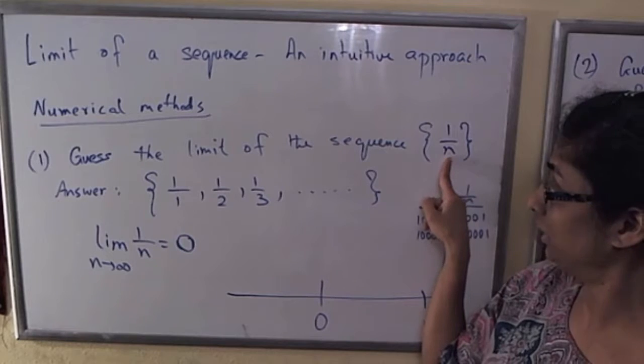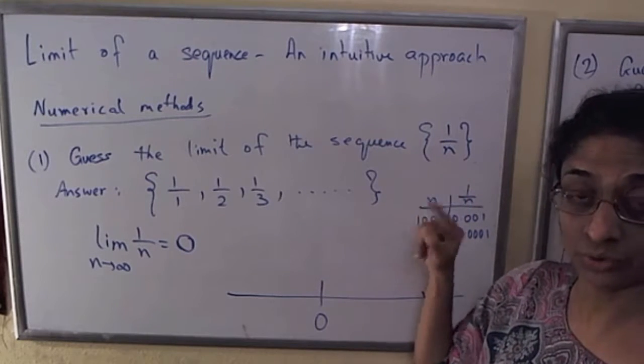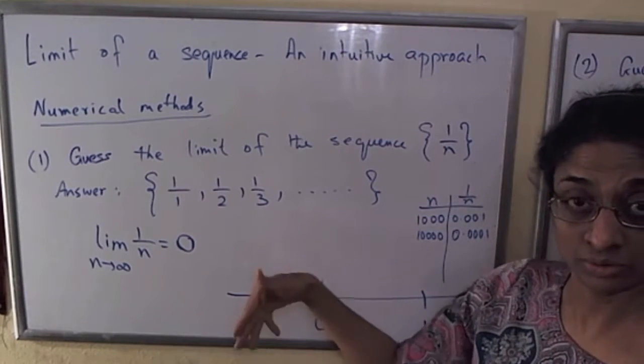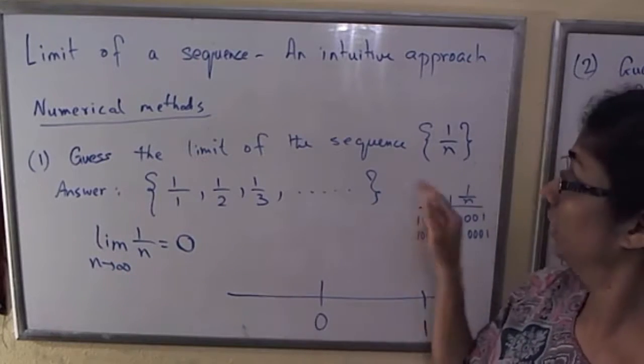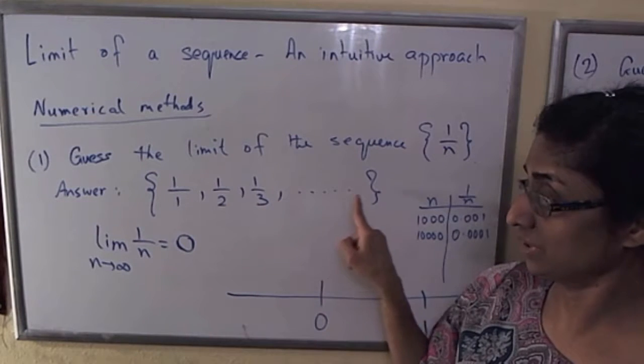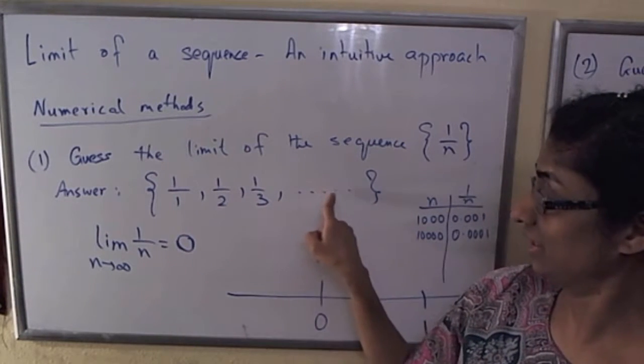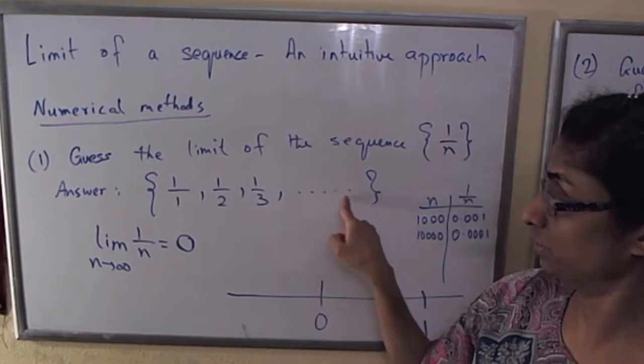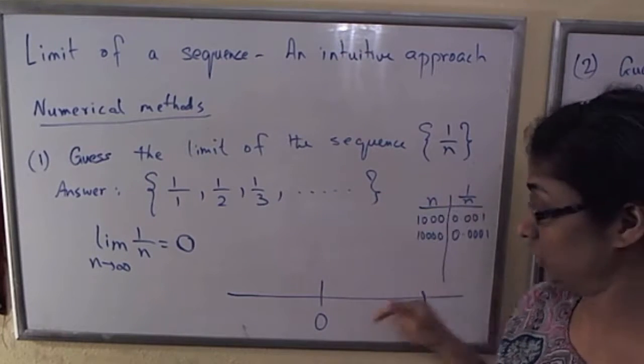So for n we get to put in 1, 2, 3, 4 and so on, and as you know the natural numbers go on forever, and so because of that this is an infinite sequence.